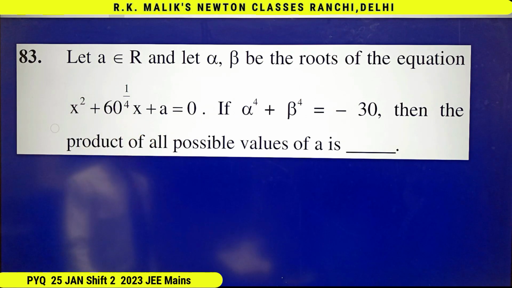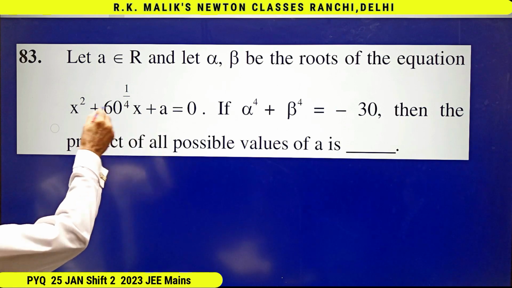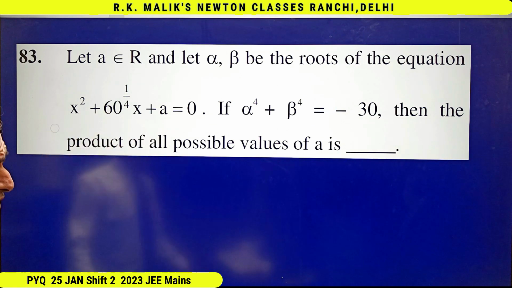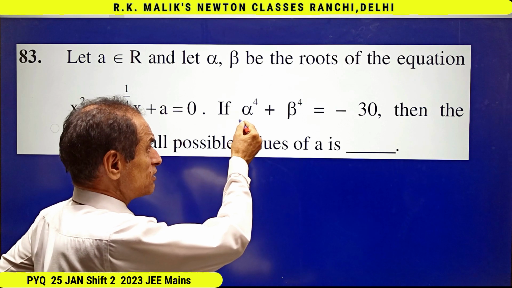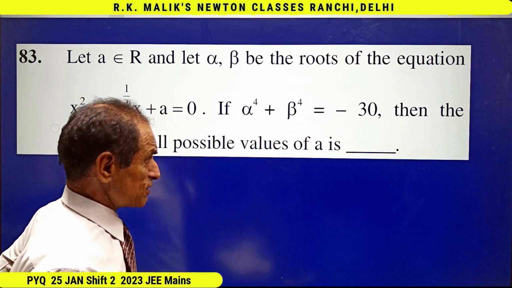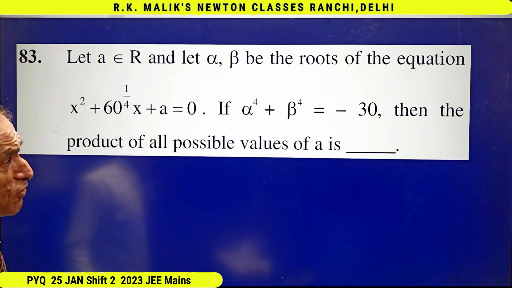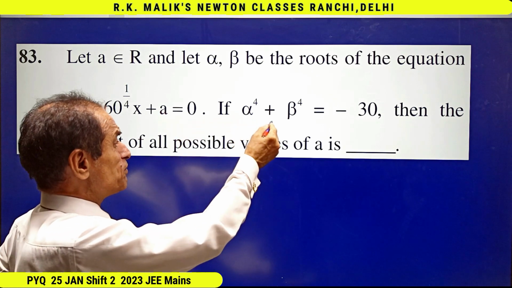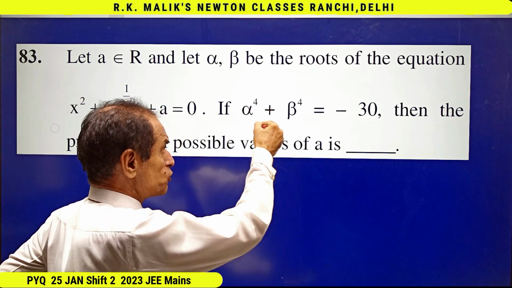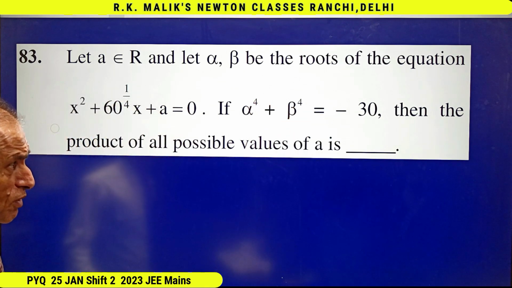As A is real, it means this is a quadratic equation with real coefficients. And it is also given that alpha to the power 4 plus beta to the power 4 is minus 30. It means that alpha and beta are sure to be imaginary numbers, because if alpha and beta are real, then this is sure to be a positive number, hence minus 30 will become impossible.